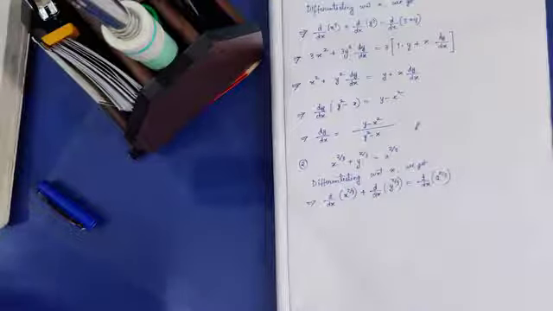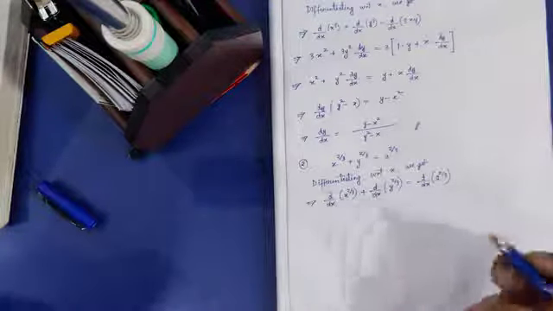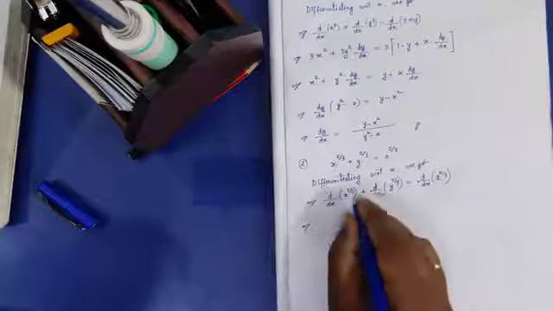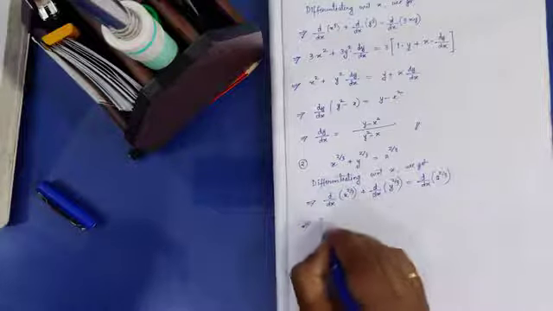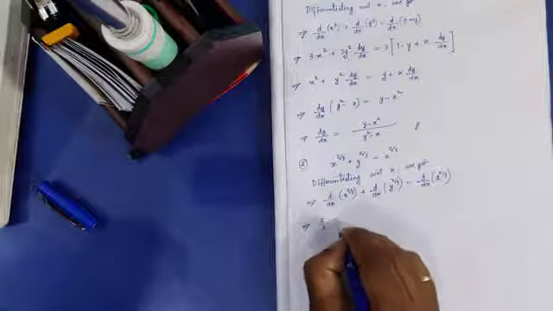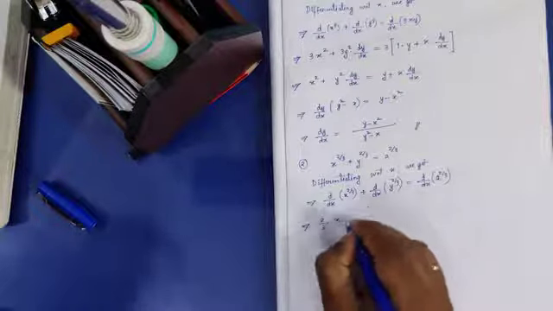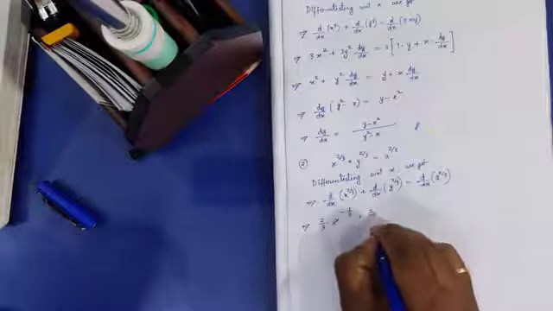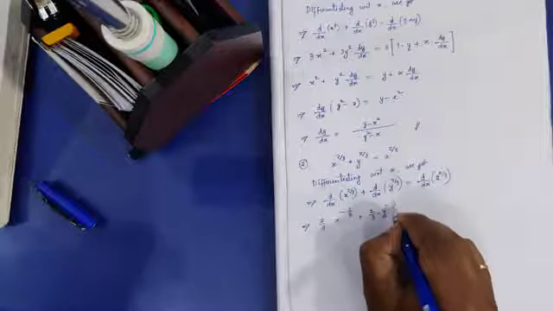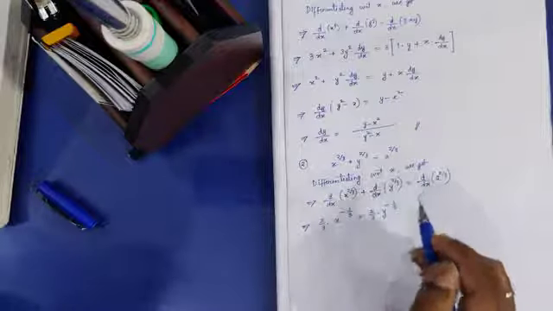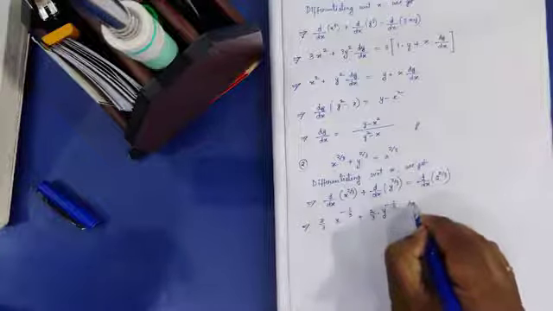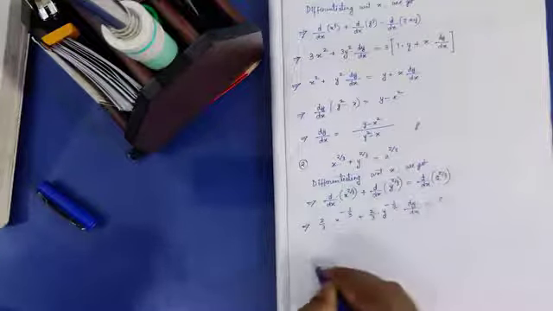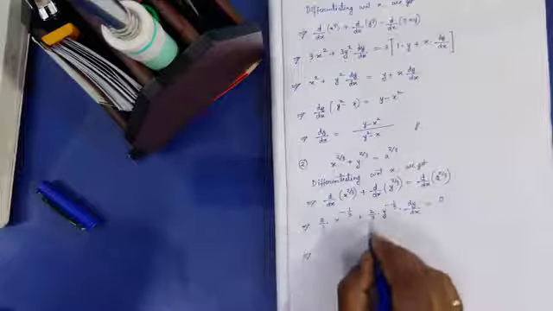In calculus, except x and y, all others are constants. For x to the power 2 by 3, the formula gives 2 by 3 into x to the power 2 by 3 minus 1, that is minus 1 by 3. Again 2 by 3 into y to the power minus 1 by 3. We are differentiating y with respect to x, so you have to write dy by dx. For a, a constant, it is 0.